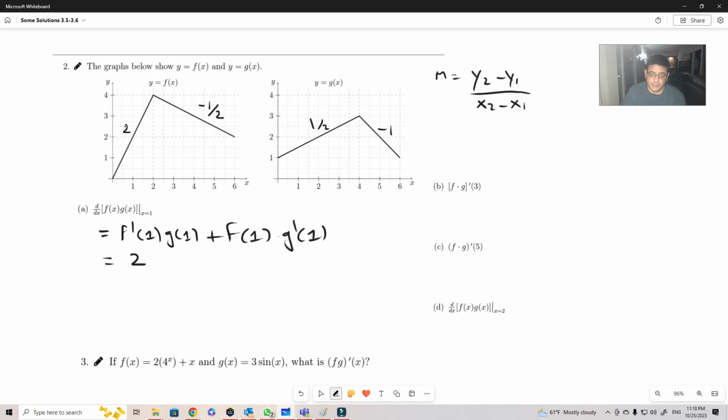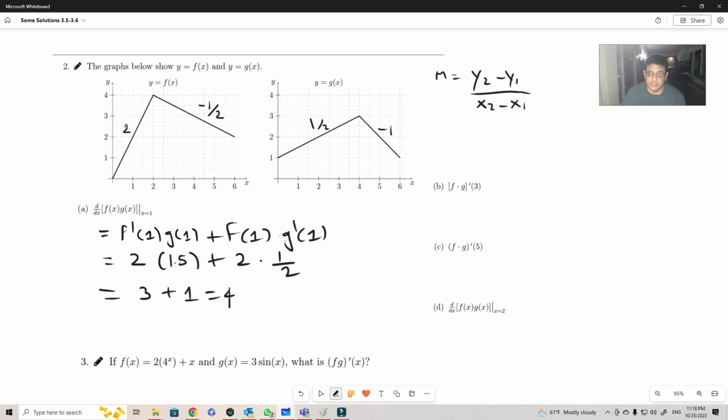And g of 1 is actually going to be 1.5. f of 1 is going to be 2. And g prime of 1 is going to be the value of the slope, which is 1/2. So this is 3 plus 1 equals 4.